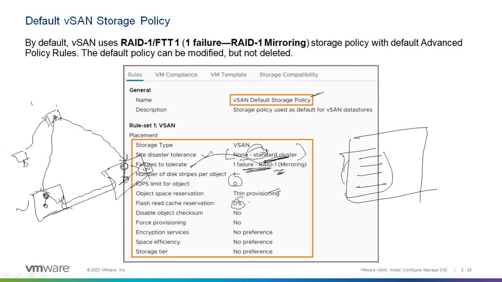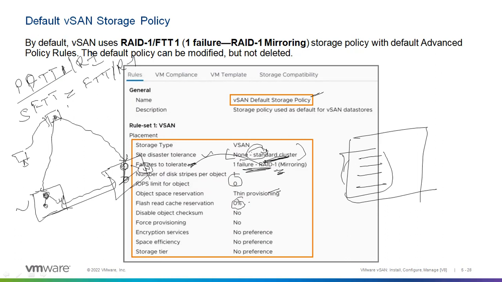The first policy is PFTT, the primary failure to tolerate, mirroring across the site with PFTT1 RAID 1. First your data will be written across the site, then you make another set of policy, which is referred to as secondary failure to tolerate. It means how you are protecting your data locally, again by applying FTT1 RAID 1.